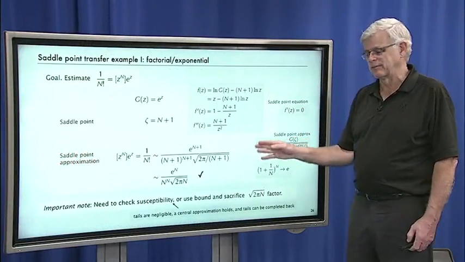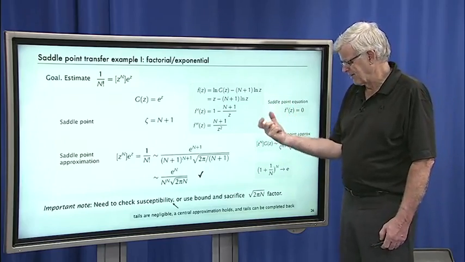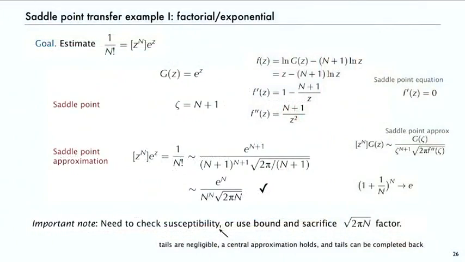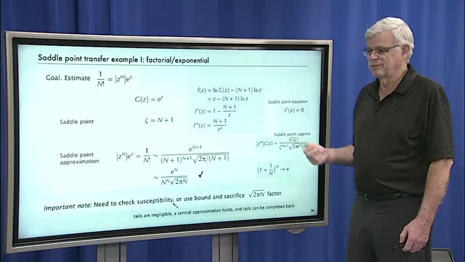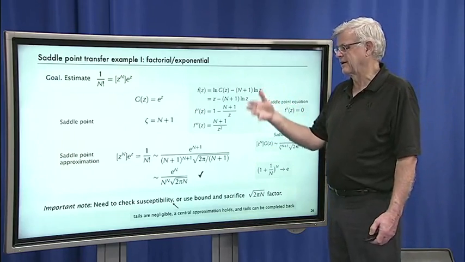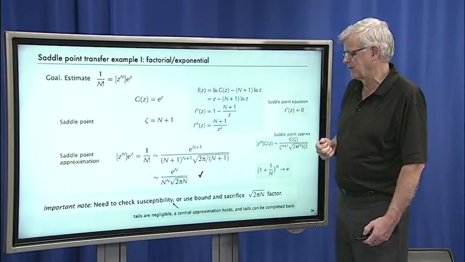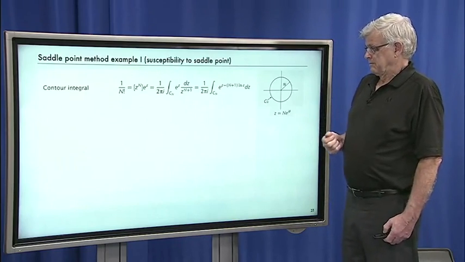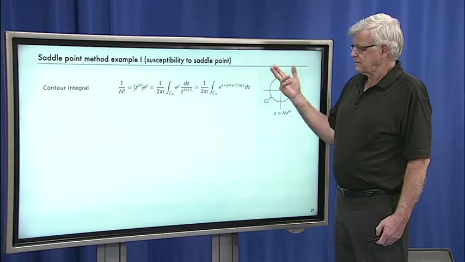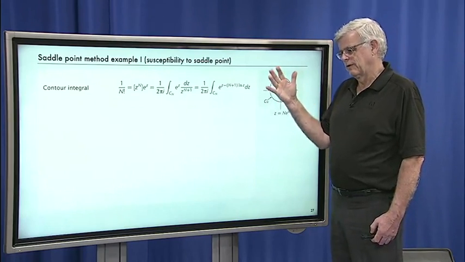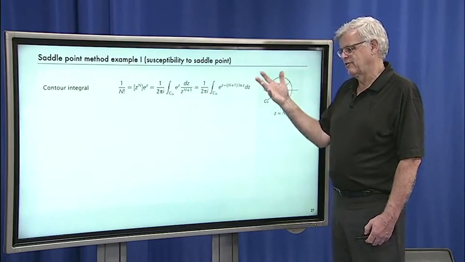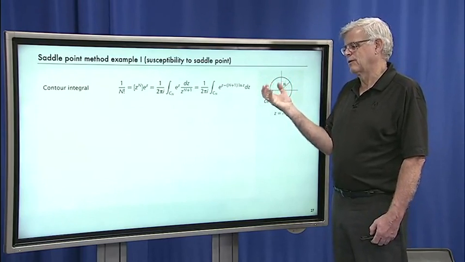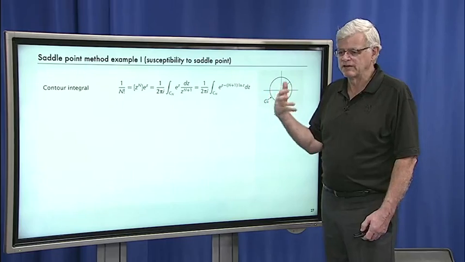And again, checking susceptibility, you have to check that the tails are negligible, that the central approximation is quadratic, and then we can complete the tails back in a reasonable way. And that's really doing the calculation for the particular function that we have. So at this level, we don't necessarily have the general schema, but this is an important starting point for limiting distributions.